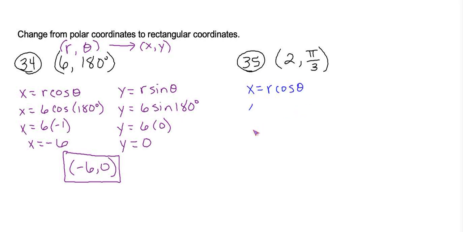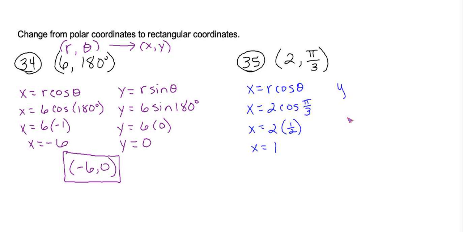So for this problem, it would be r is 2 times cosine of pi over 3. So x equals 2 times cosine of pi over 3 is 1/2. And of course, 2 times 1/2 is 1. So the x coordinate is 1.